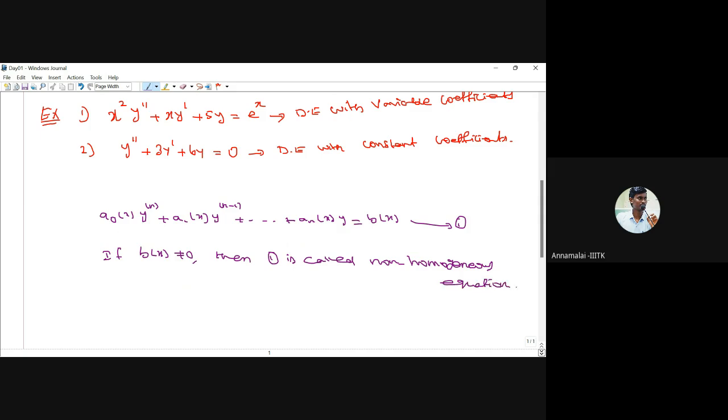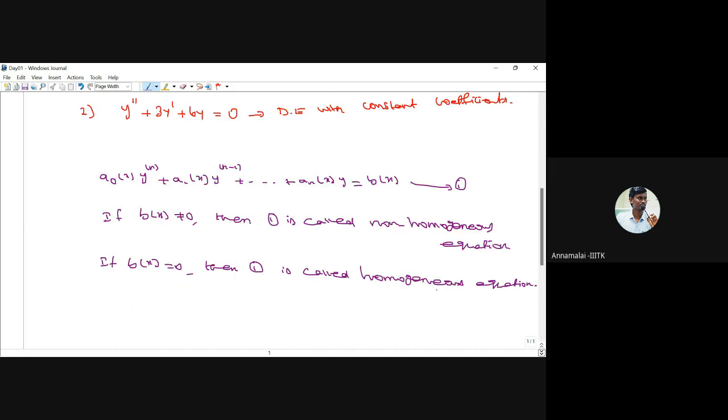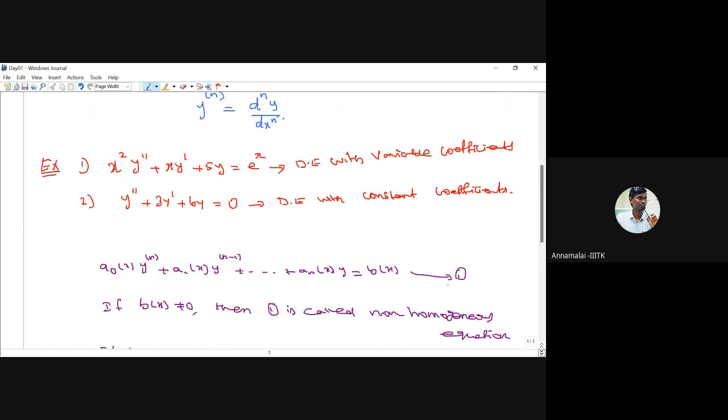In the second case, suppose the right hand side function is 0 for all x, then equation 1 is called a homogeneous equation. In the previous case, example 1 is a non-homogeneous equation, and example 2 is a homogeneous equation.